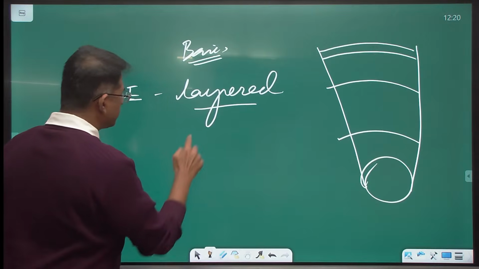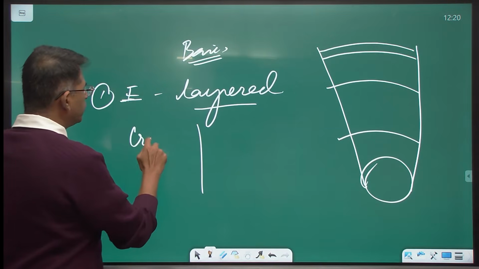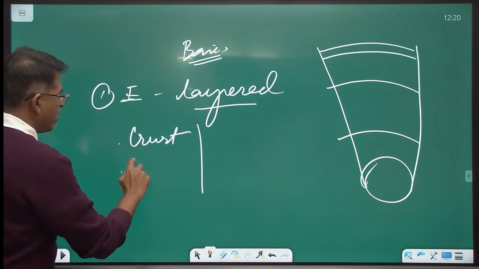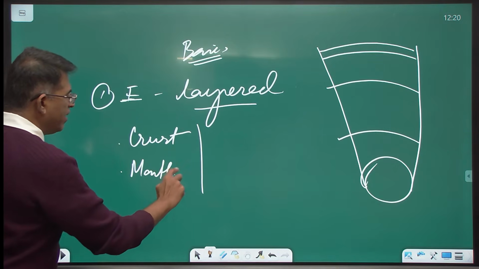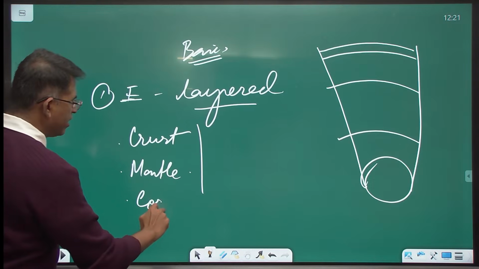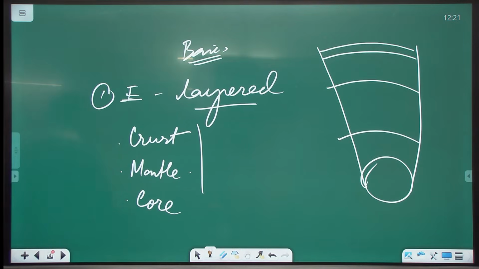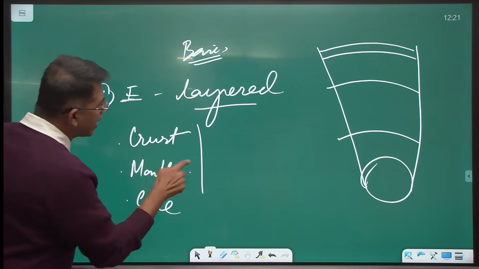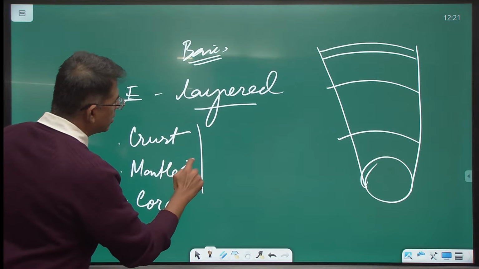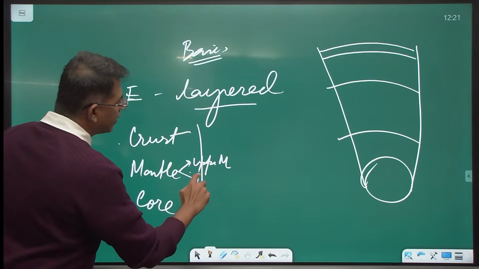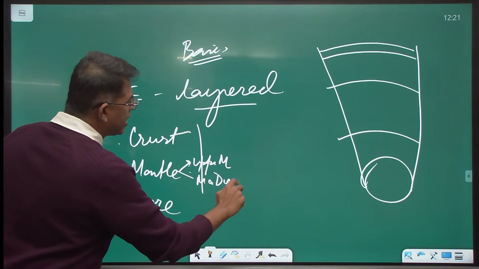The layers, we have crust, जो outermost layer है. We have a layer called as mantle, and we have a layer called as core. I think all of us are aware of this. There's a crust, the mantle and the core. अब mantle के अलग अलग layers हैं. The mantle has something called as upper mantle, and we have the middle and the deep mantle.